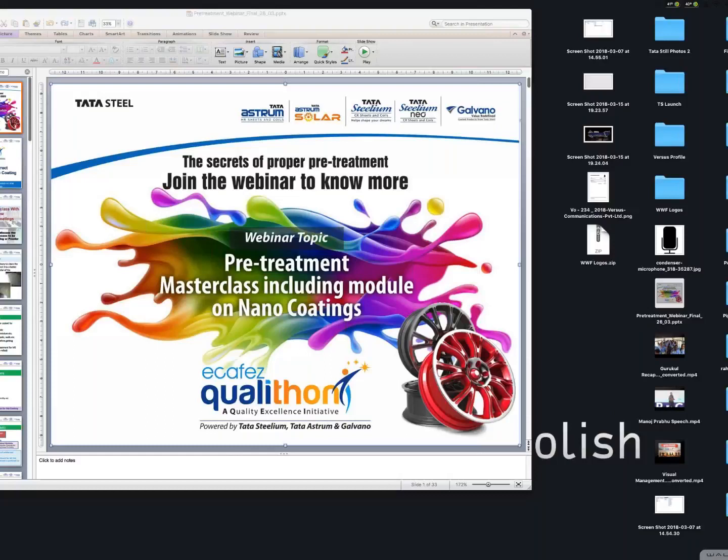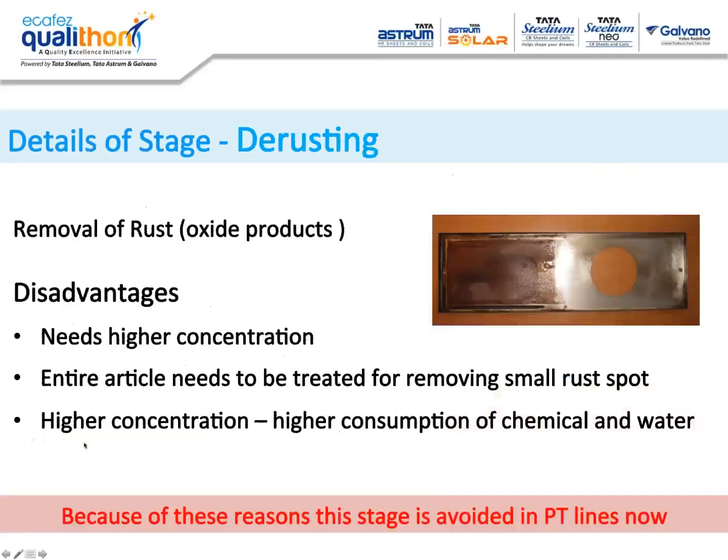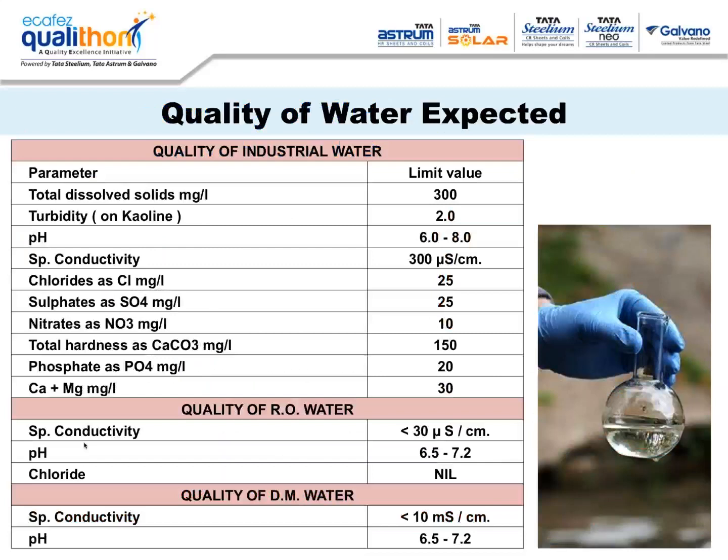Mr. Shaktivelan is asking, will there be salts in RO water? How much mg per liter? Okay, I'll again go back to that slide. You can see that the specific conductivity is 30 microsiemens. That means there are some salts.